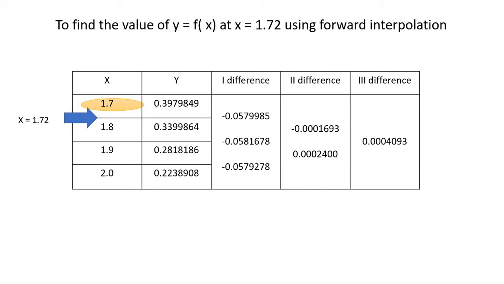So this is our x naught, corresponding value y naught, delta y naught, delta square y naught, delta cube y naught.